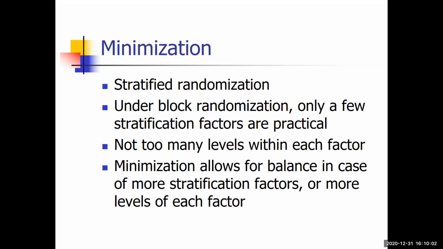So for the male block, the 4 male patients, 2 are going to be receiving placebo, 2 of them are going to receive test drug. For the female block, 2 of the female patients will receive test drug, 2 of the female patients will receive placebo. So that's how you do a block randomization with stratified by gender.